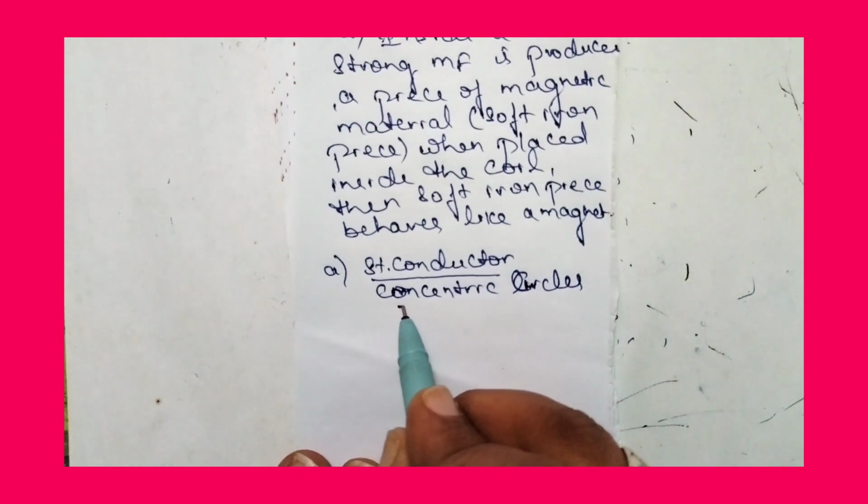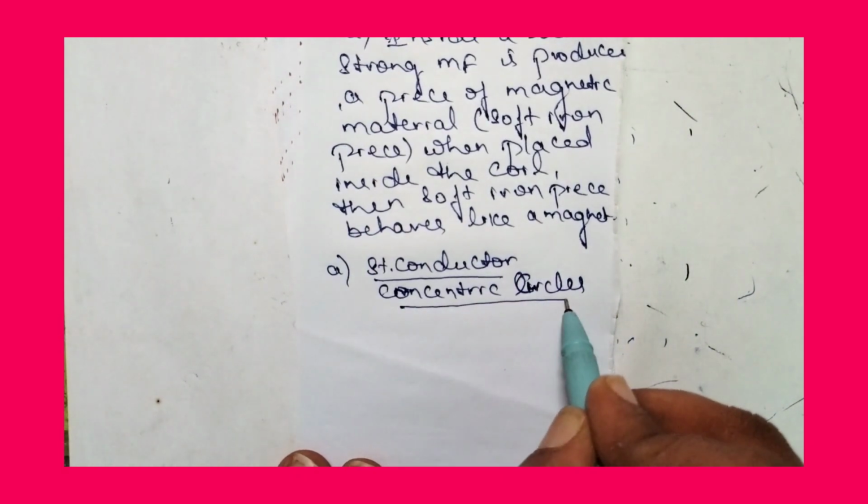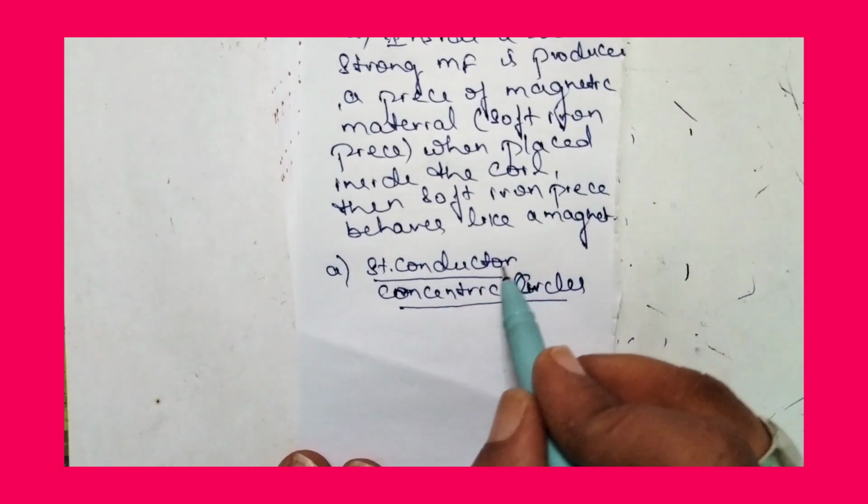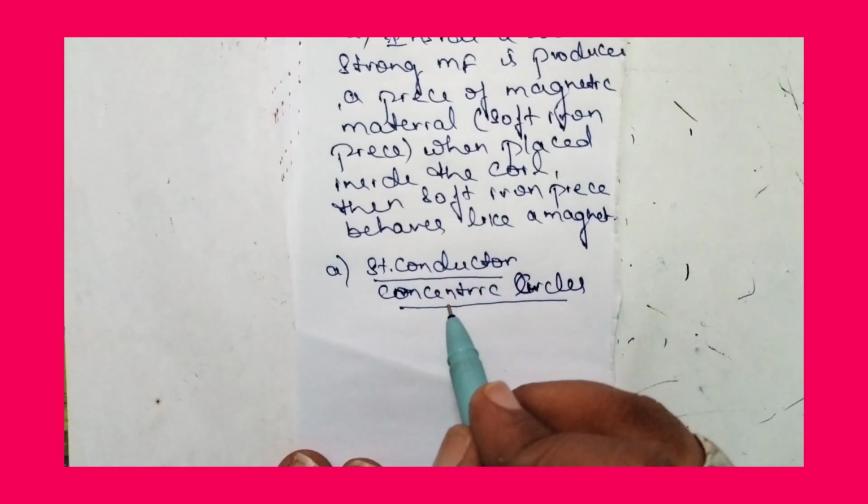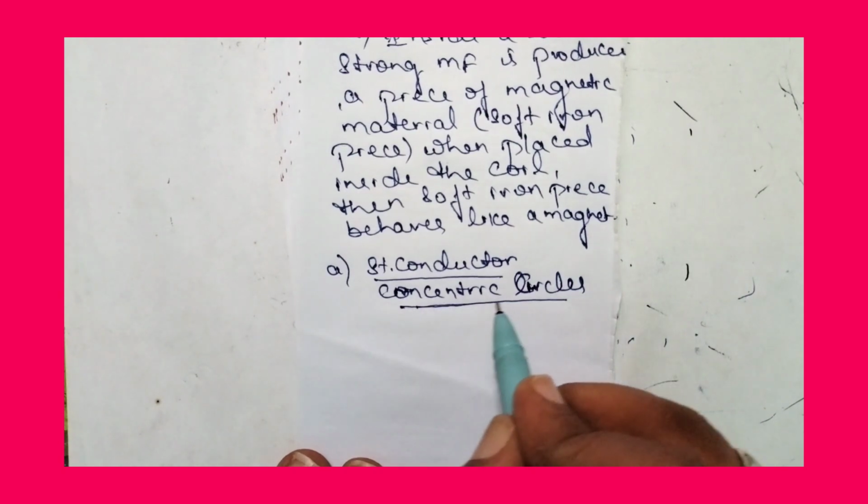What is the pattern of magnetic field lines around a straight conductor? Around a straight conductor, the magnetic field lines will be in the form of concentric circles.